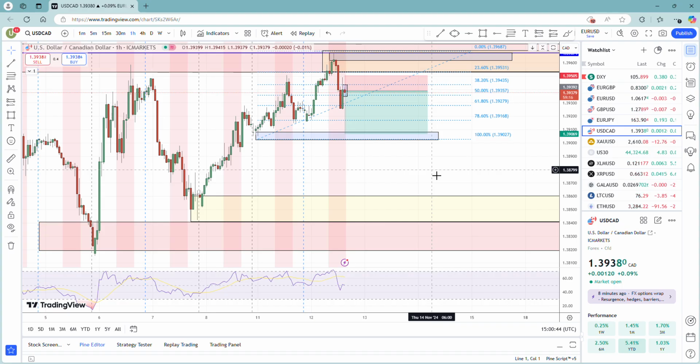If I get my MetaTrader out. Enter the sell trade as so. We'll have to see how it plays out.